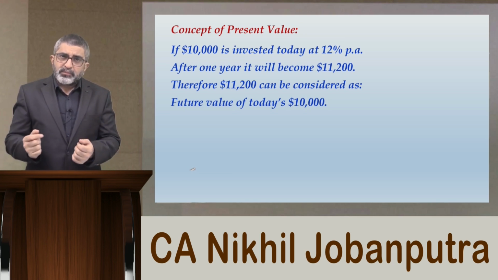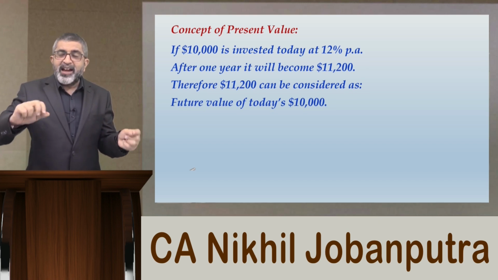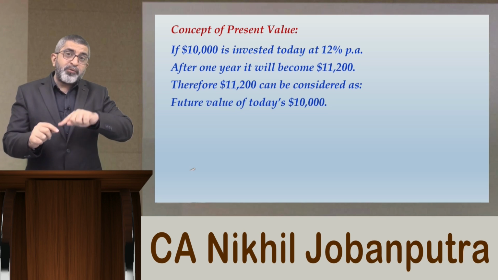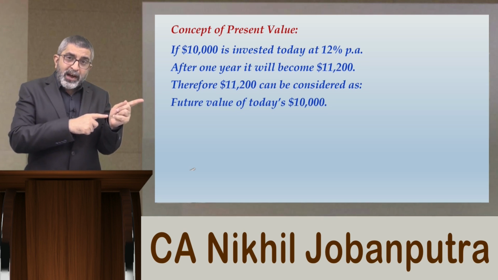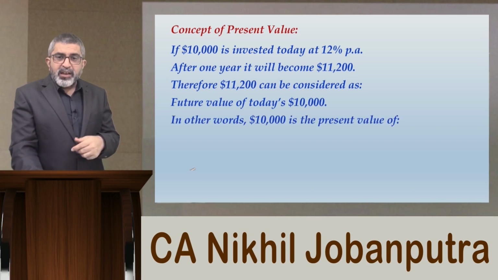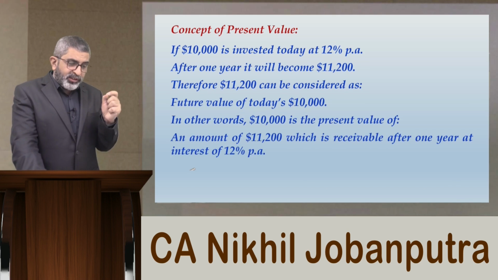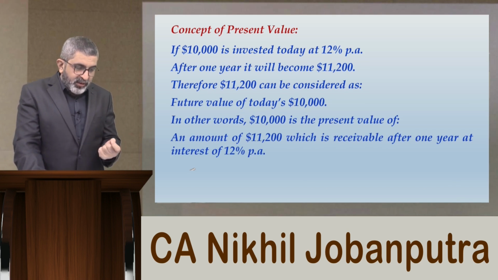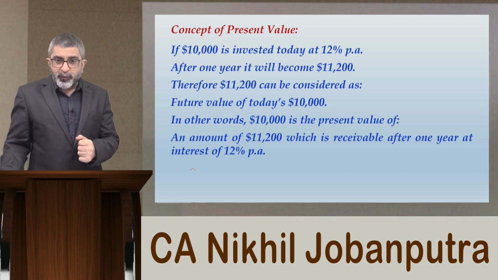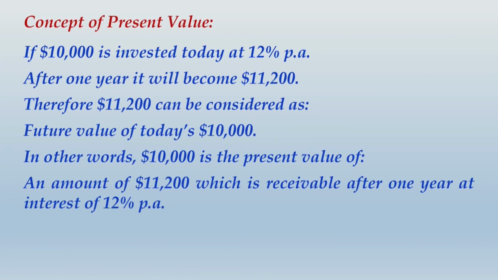So now you can say that 11,200 is the future value of today's 10,000, and in other way you can say that $10,000 is the present value of that amount which you are going to receive after 1 year, that will be $11,200. So keep paying attention over here. We can say, in other words, $10,000 is the present value of an amount of $11,200 which is receivable after 1 year at interest of 12% per annum. So please carefully take note of this example, and then I take you ahead.